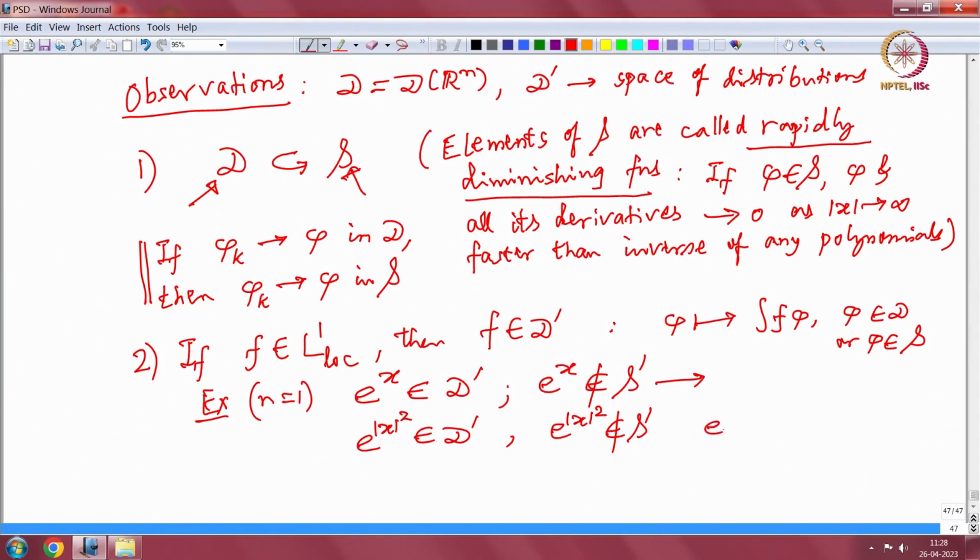If I take e to the minus mod x square, that is in S. But if I multiply this e to the minus mod x square with e to the x square, that becomes 1, which is not integrable. Okay. So, that integral is not defined. So, you see quickly that e to the mod x square is not in S prime.